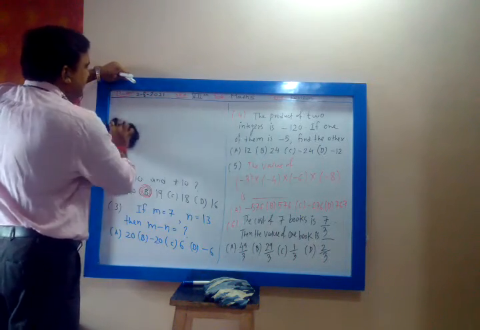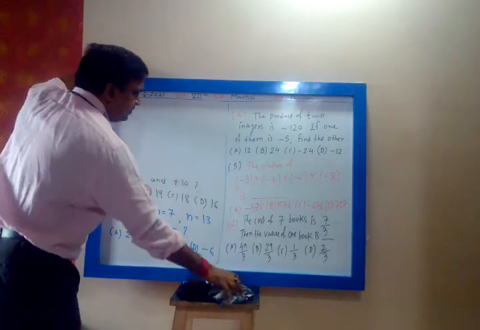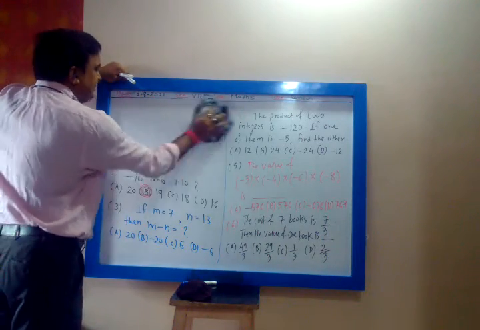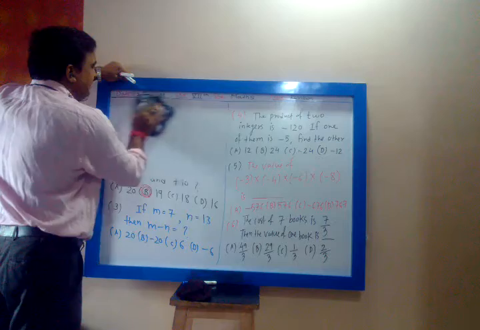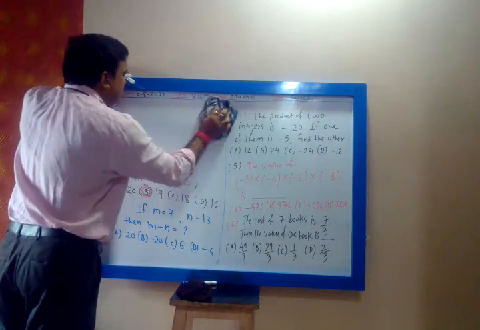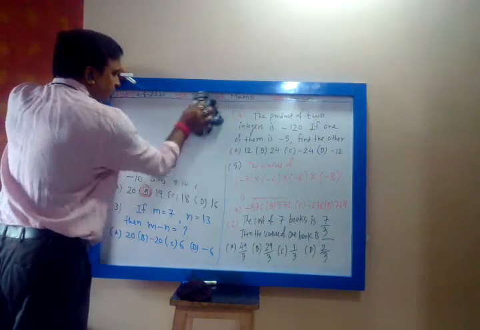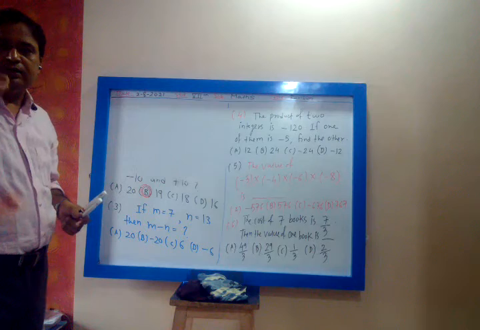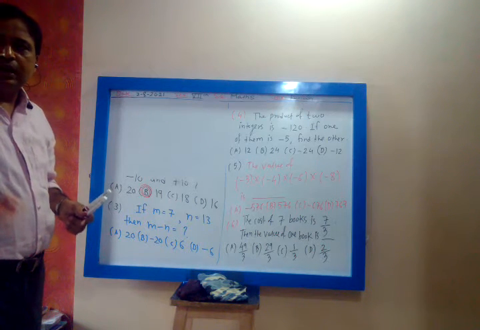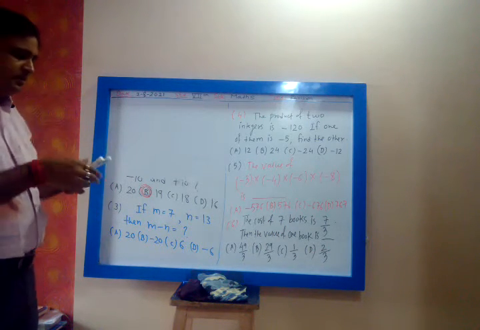How many integers are there between minus 10 and plus 10? I have told you, whenever it is between, you have to exclude the end numbers, and from means you have to include the end numbers.